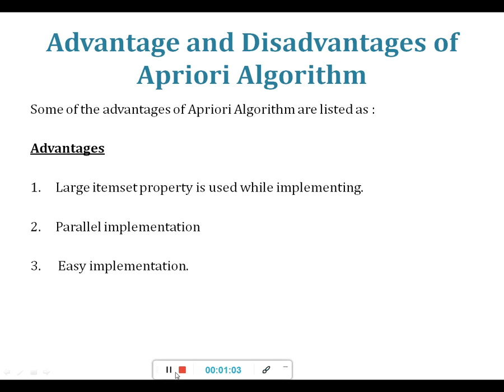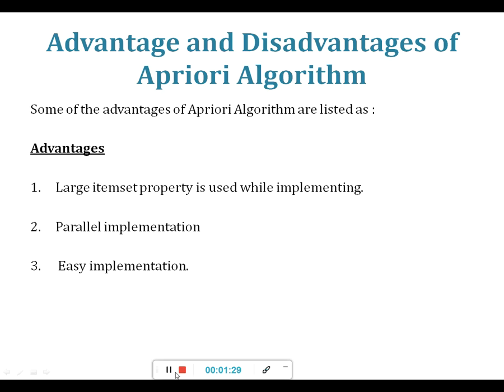Again, parallel implementation can be done using this Apriori algorithm, and it is very easy to implement for finding the frequent patterns in the data set, because here we are applying the steps of 1 frequent, 2 frequent, up to k frequent, and we are taking them in a loop while we are calculating this frequency.